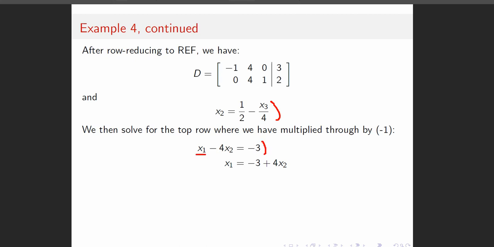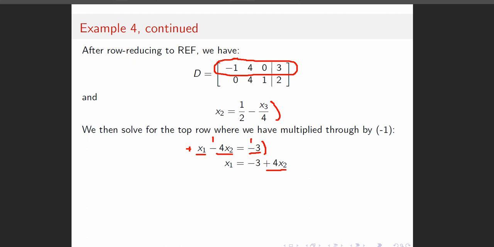So I have positive x1 minus 4x2 equals -3, right? So the negative here and here are when I multiplied through the top row by -1. And that's why this is positive. Okay, so then I just have to add the 4x2 to both sides.